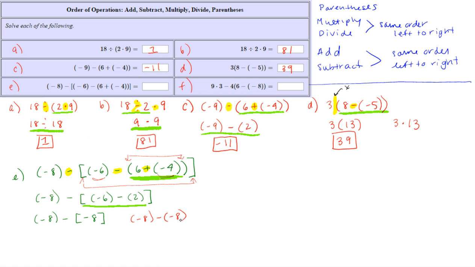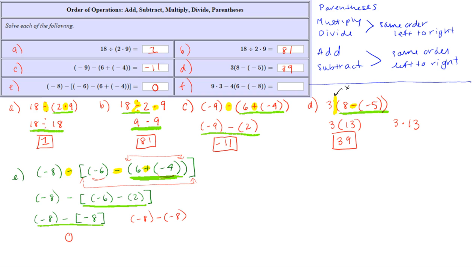You can put it in parentheses, okay? So these have the same idea. I just use brackets because that's what we had up here, okay? And now we just have to subtract these two numbers. Well, negative 8 minus negative 8, well, any number minus itself is 0. So our final result for this question is 0.